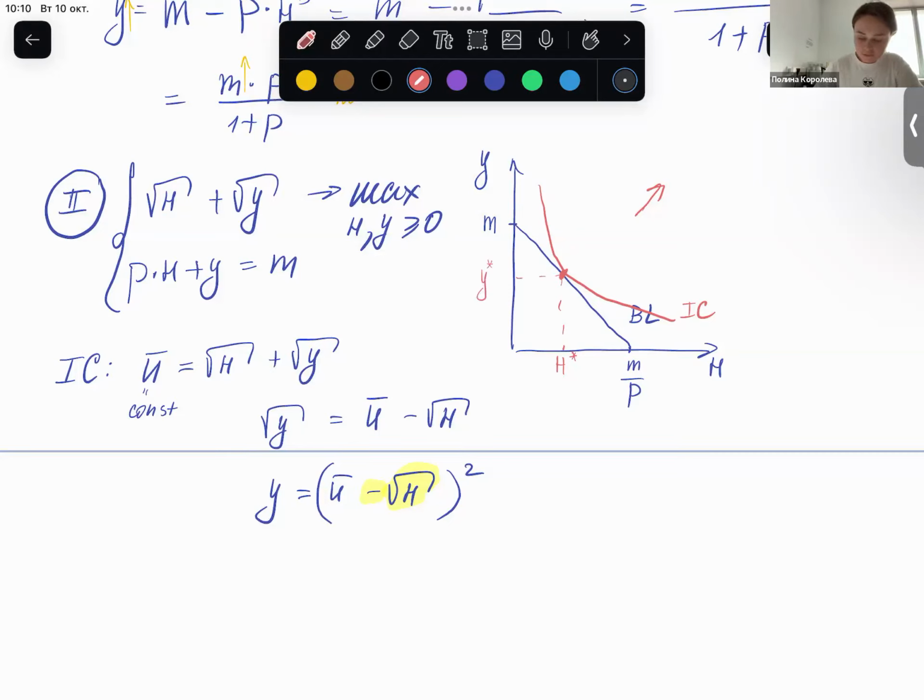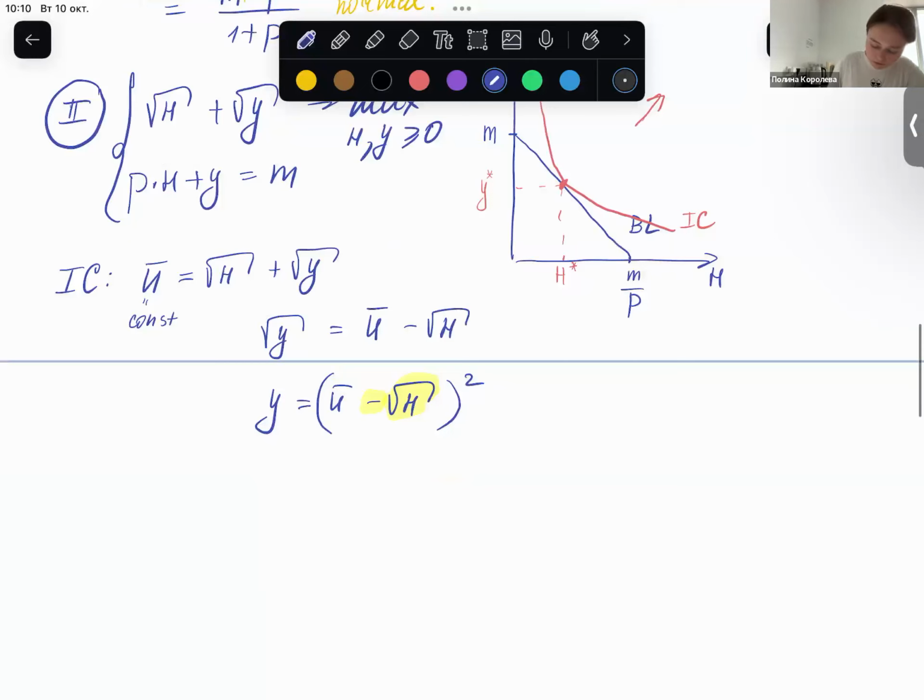Okay, as you remember, in this optimal point, you see that the budget line becomes a tangent line to the indifference curve. We know the slope of the budget line, it is the price ratio, and the slope of the indifference curve we considered in the previous class, it is the marginal rate of substitution.